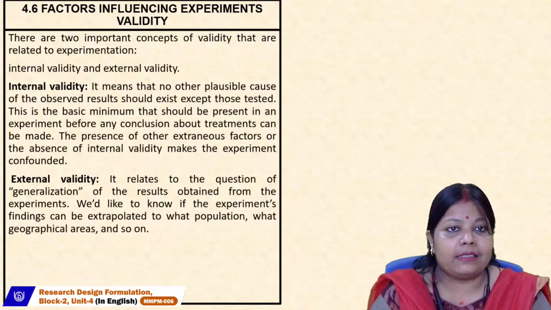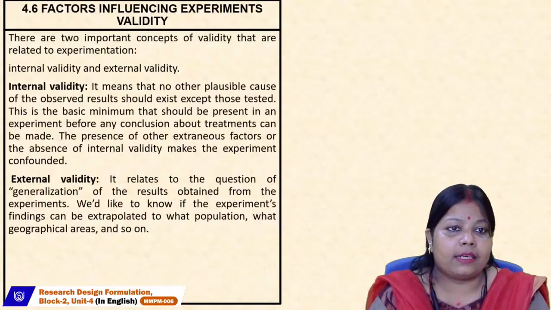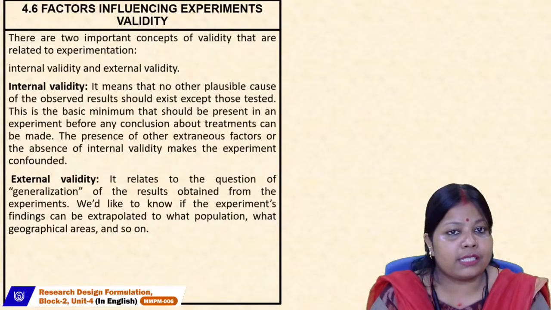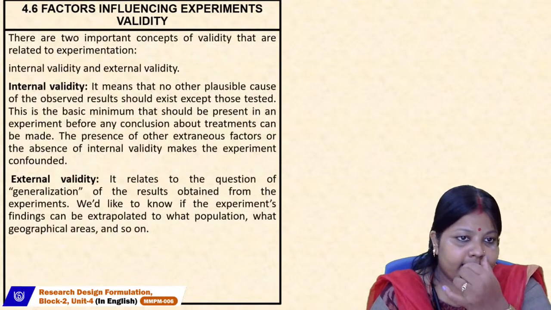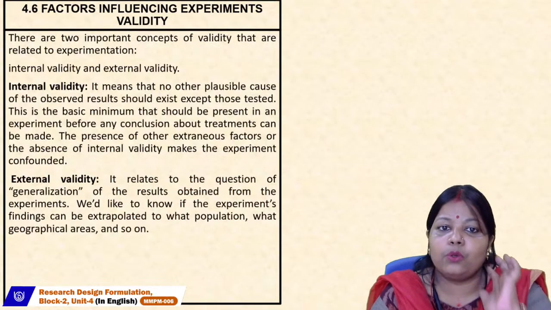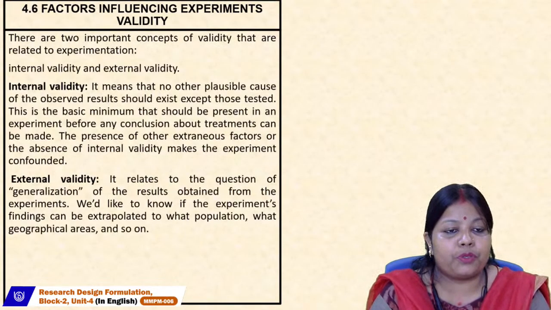Coming to the factors influencing experiments and validity. There are two important concepts of validity that are related to experimentation. One is internal validity, the second one is external validity. In internal validity, we can say it means no other plausible cause of the observed results should exist except those tested.